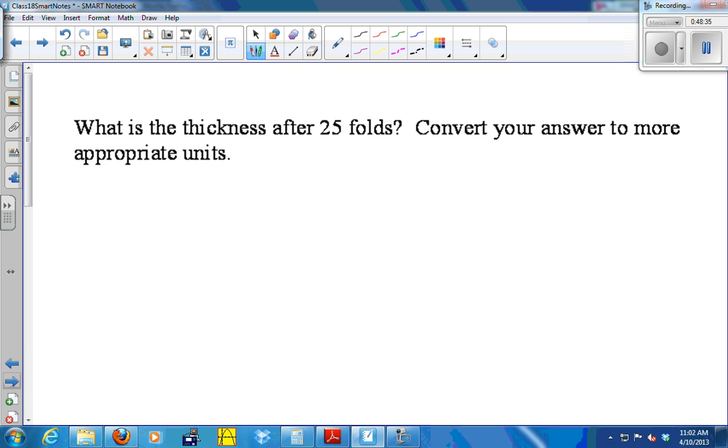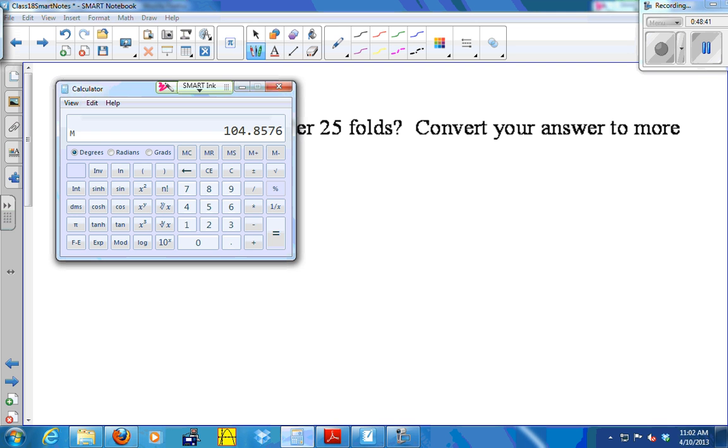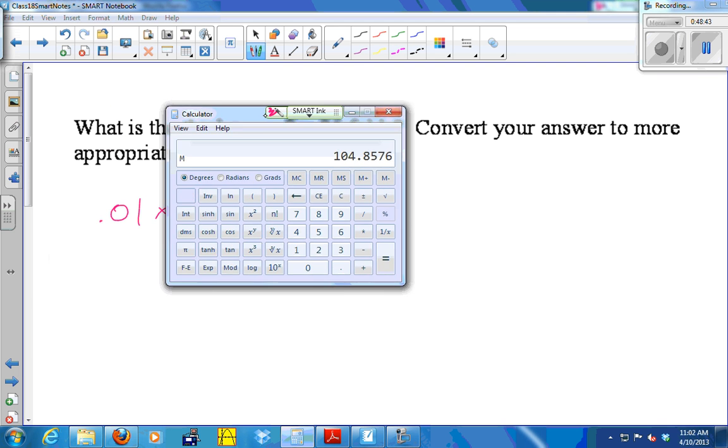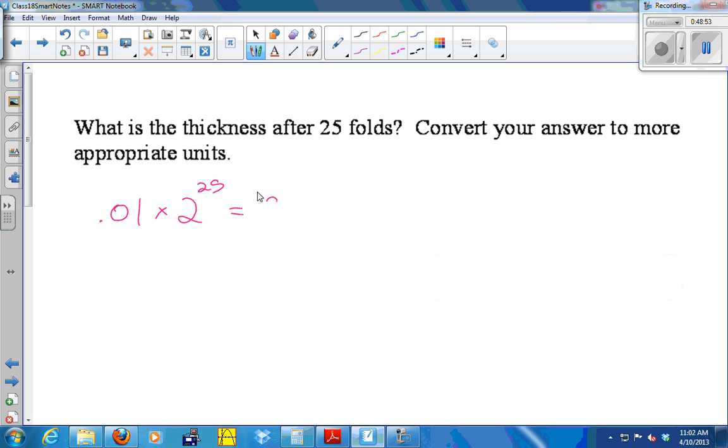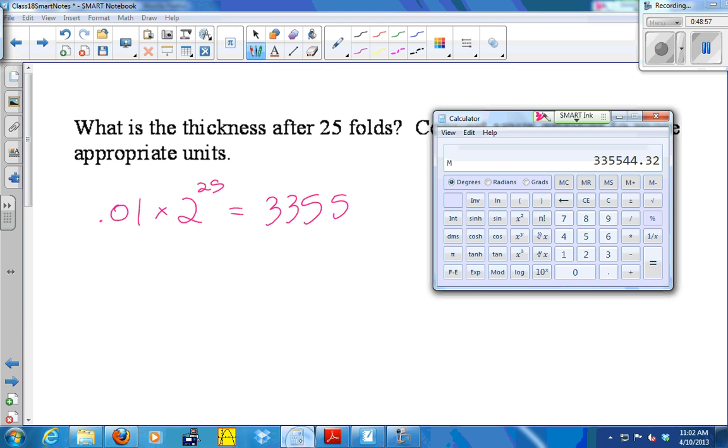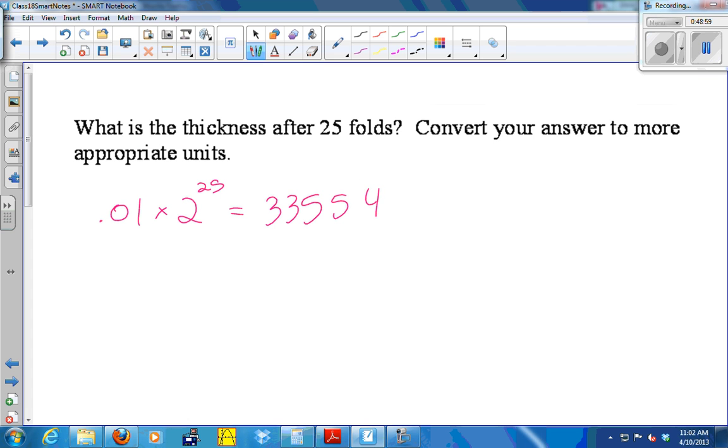Let's see, 25 folds, 0.01 times 2 to the 25th. Just 5 more folds than before. 2 to the 25th times 0.01. 335,544.32 centimeters.